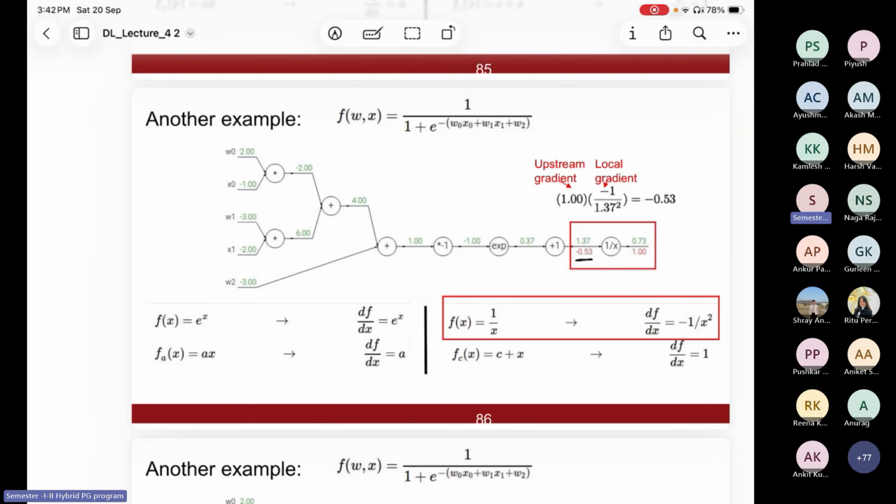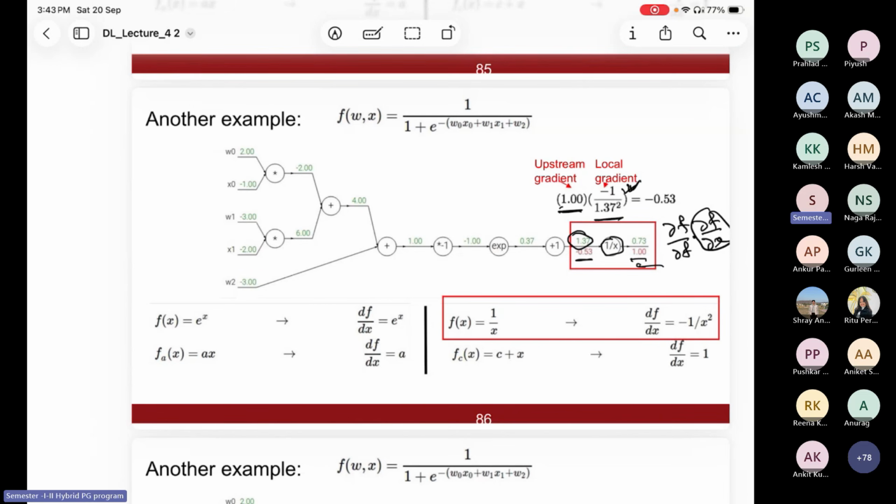Now just going back. So the local gradient is this, and the upstream is 1, because you have to apply the chain rule that I mentioned at the start. Here it will be del f by del f into del f by del x, and del f by del x is minus 1 by x squared, where x is 1.37. You square this term and multiply with 1.